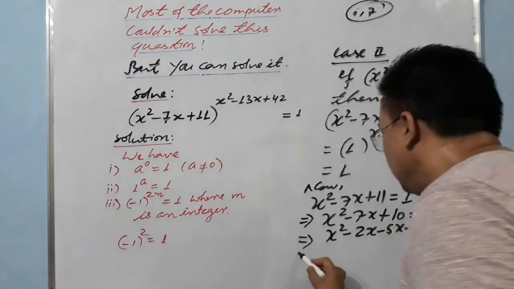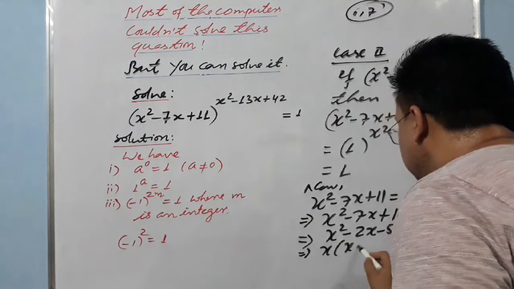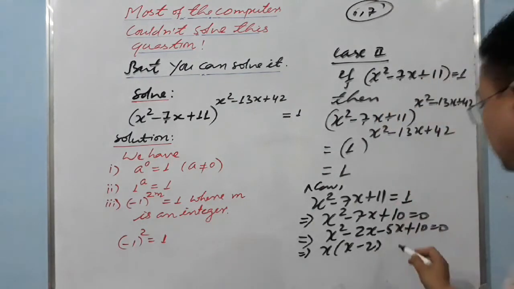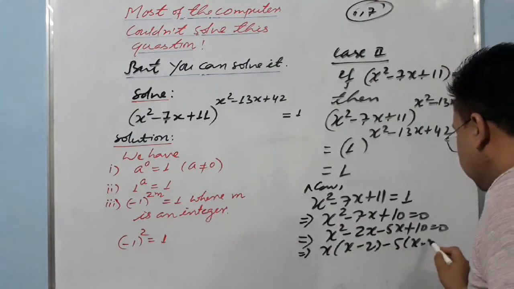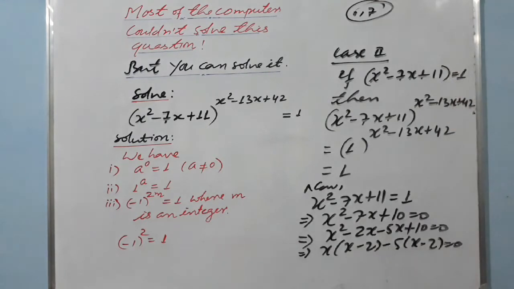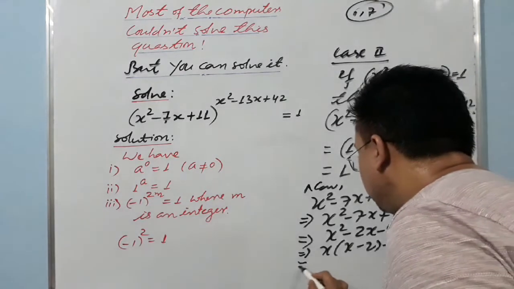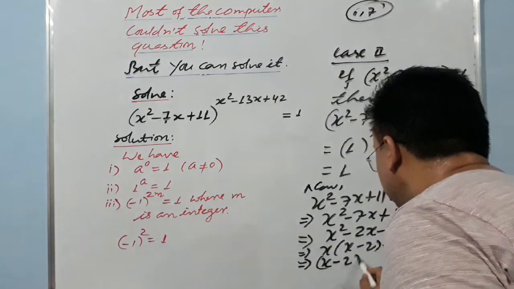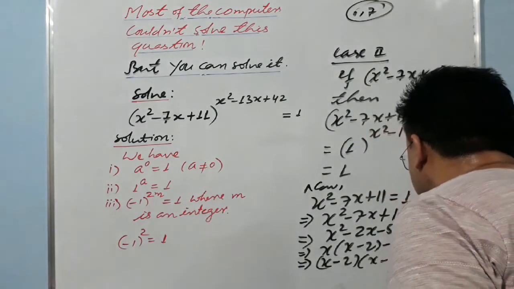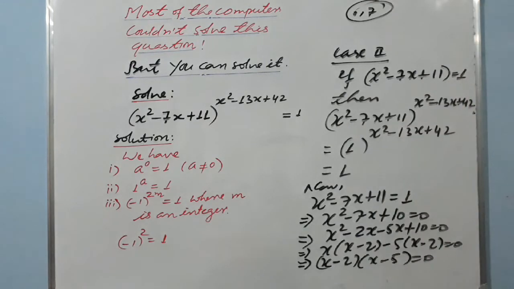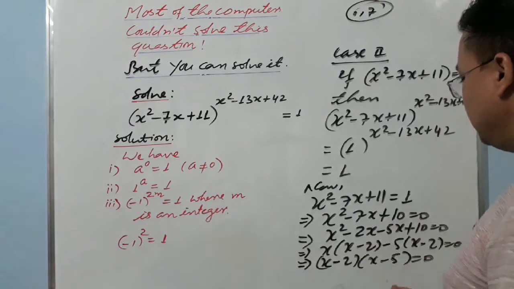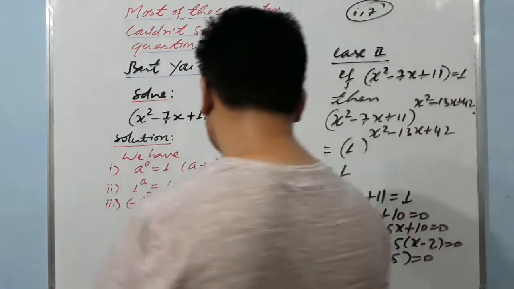Implies x common, x minus 2, and minus 5, x minus 2 is equal to 0, and you can get x minus 2, x minus 5 is equal to 0.